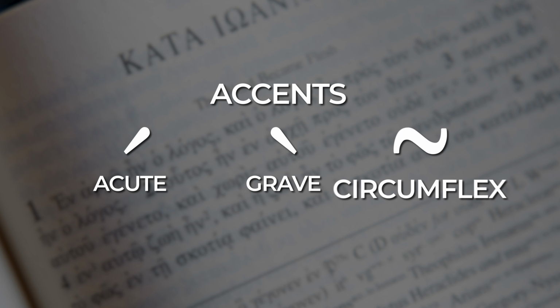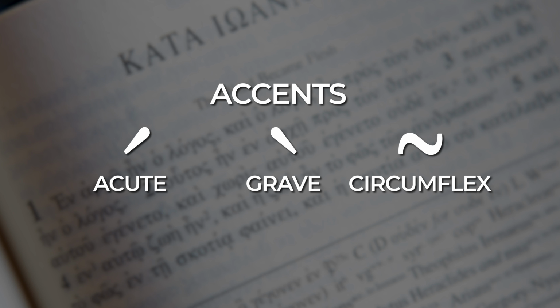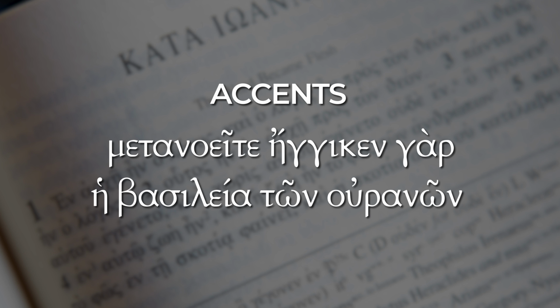As you may have guessed, the orientation of the accent tells you what it is doing. Acutes rise, while graves fall. Circumflexes oscillate from high to low emphasis. The accent will be located over the letter it modifies.